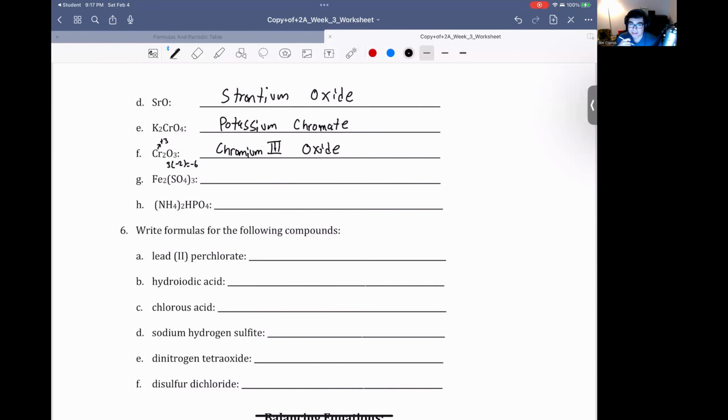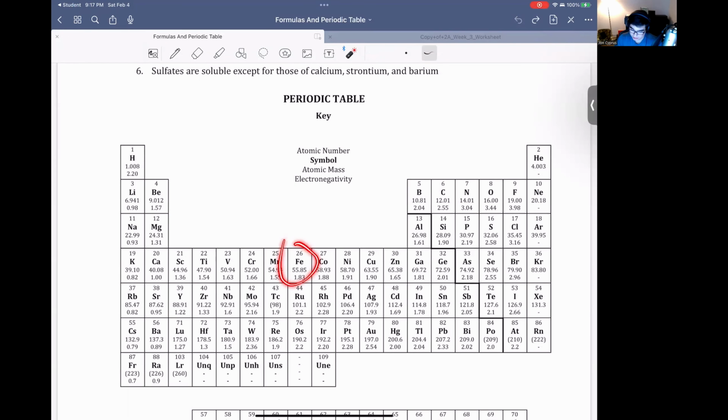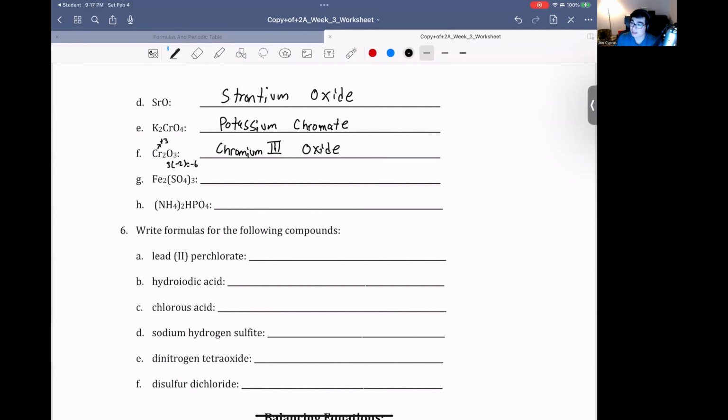All right, next we have this iron something sulfate. Again, iron's a transition metal right over here. So let's go ahead and indicate exactly what oxidation state it is. I'm going to just write this out. Iron, this is sulfate, not sulfite. This is SO4. And then we're going to figure out the oxidation state.